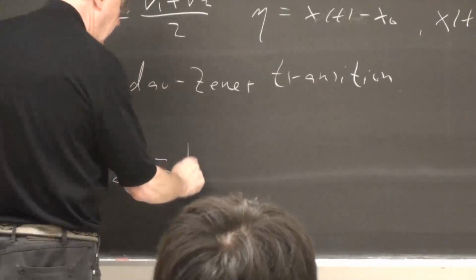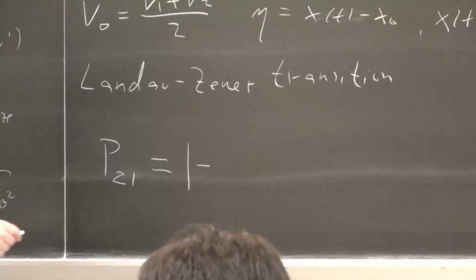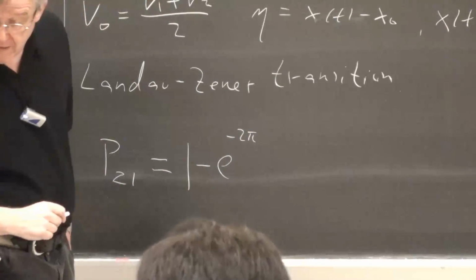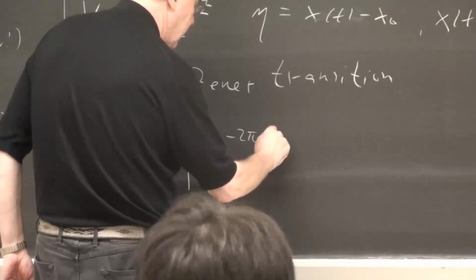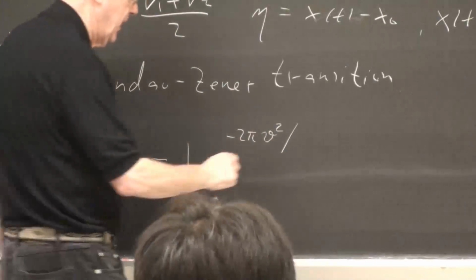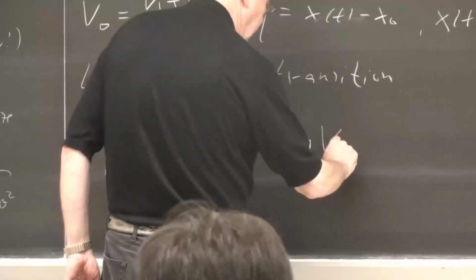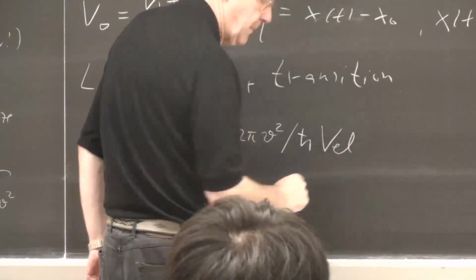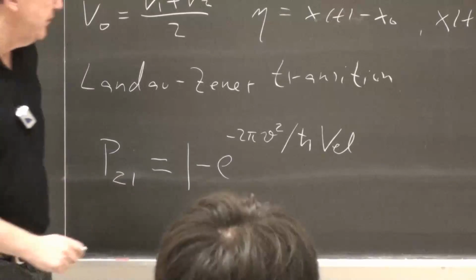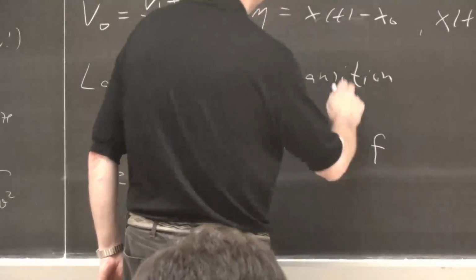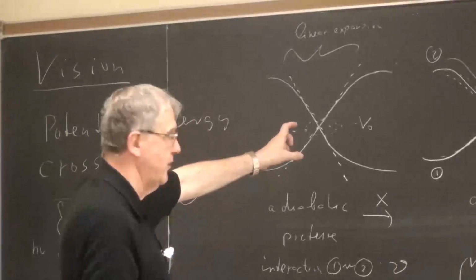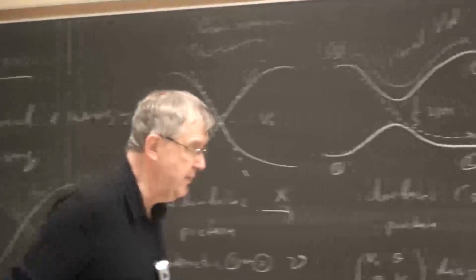And it is equal to 1 minus e to the minus, you would have never guessed it, 2 pi V squared, this is our interaction, divided by h bar, velocity, times F. So F is the difference of the slope here. So the difference of the slope is 2F, so F is half the difference of the slope.